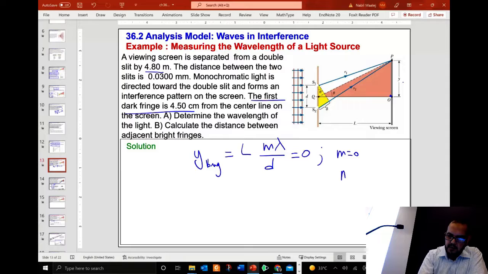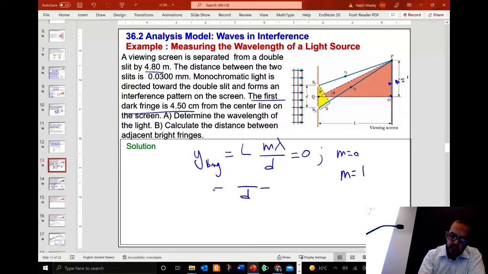For m equal to 1, which is the next bright spot, I will get y equal to L lambda over d. So this is the distance. Since we have L, we determined lambda from the previous question, and we have d, we can solve for the distance.